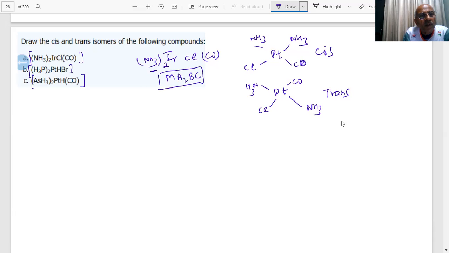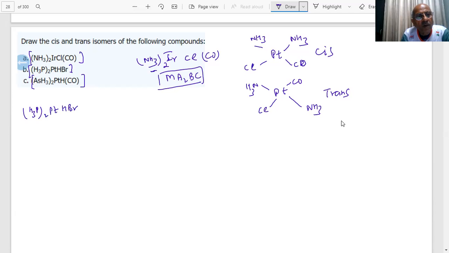What is the formula? You know that this is a bis. We have already told you, PH3 twice, student. Phosphine, and platinum, H, Br. These are different. This is the same ligand.